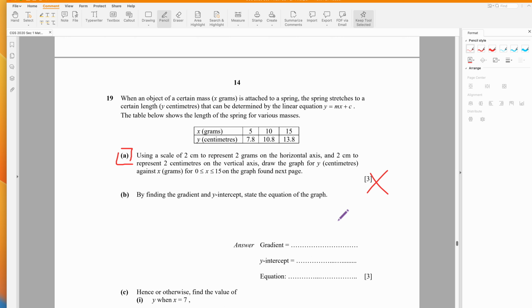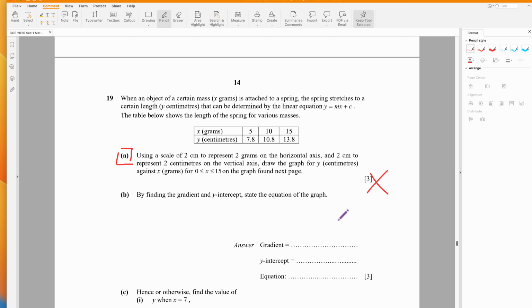The gradient represents the length of the spring as the mass increases. Okay, not very good. The gradient in this case, what is it? 4.8, right? Yes, so the gradient is 4.8.